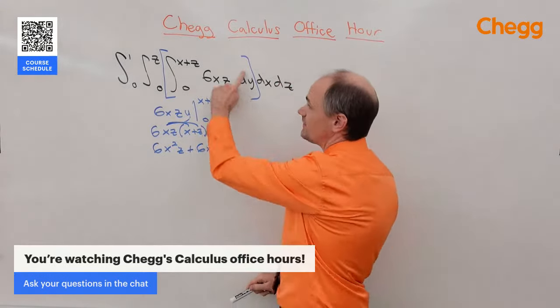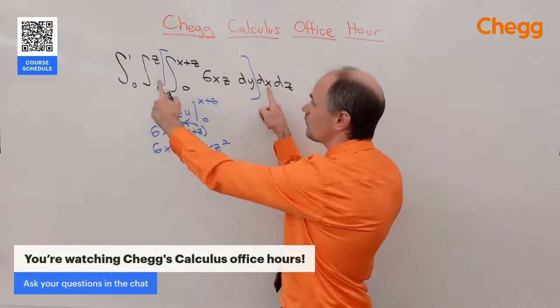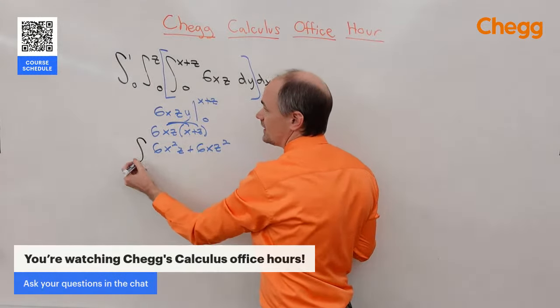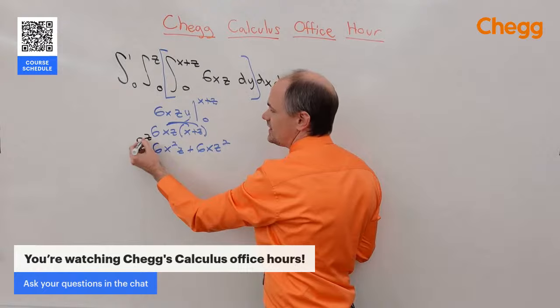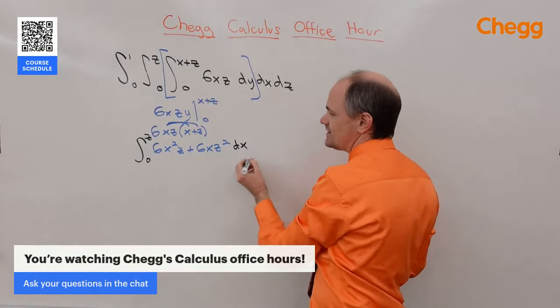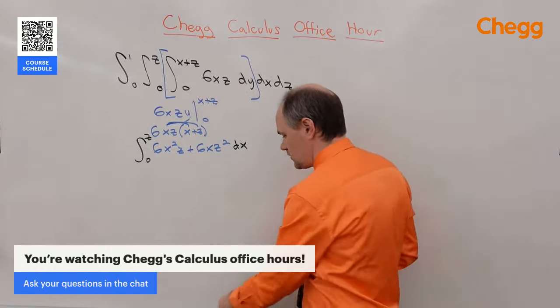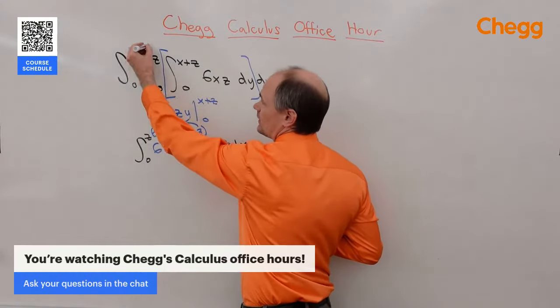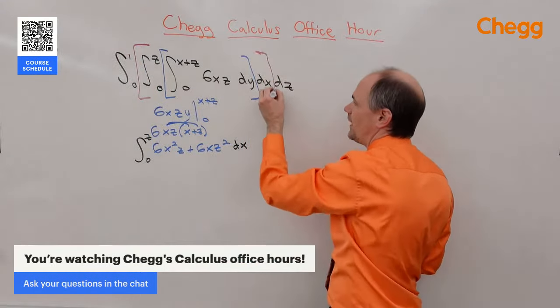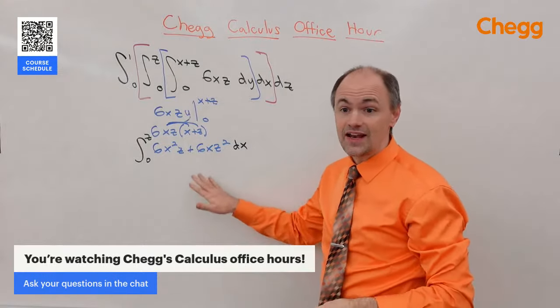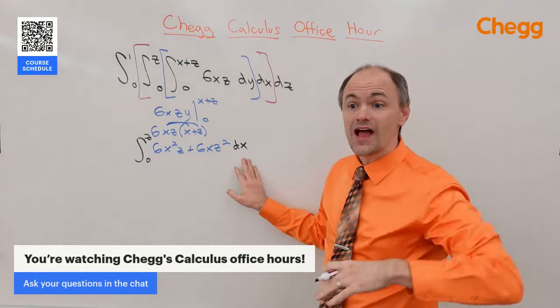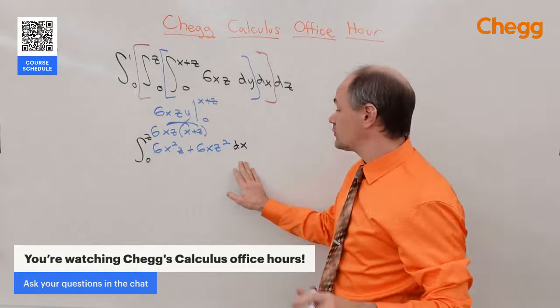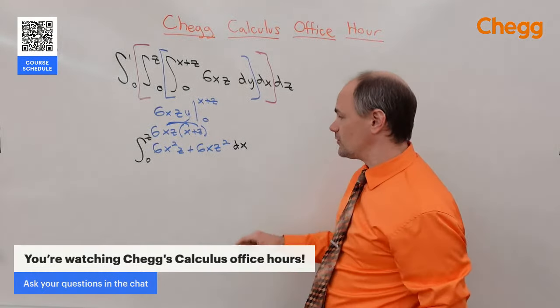That's the integrating of that inner integral. Around that is another integral from 0 to z, and we're doing that dx. So let's do that next level integral, integrating our expression. Remember, x is our variable, so we treat the other variables as constants.